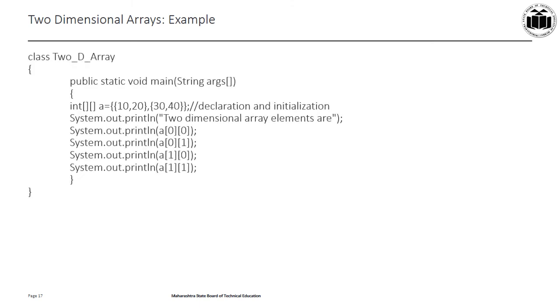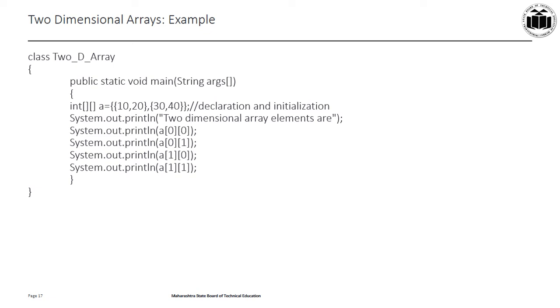So here you can see I have declared an array and I have initialized the values also. In the first curly bracket I have mentioned 10, 20, and in another curly bracket I have mentioned 30 and 40. Now I want to access those elements. So how will I access these elements?